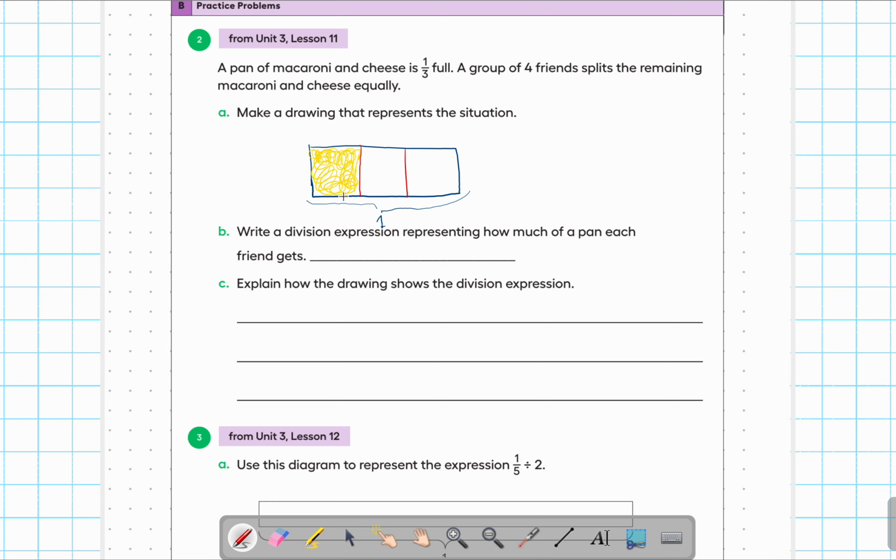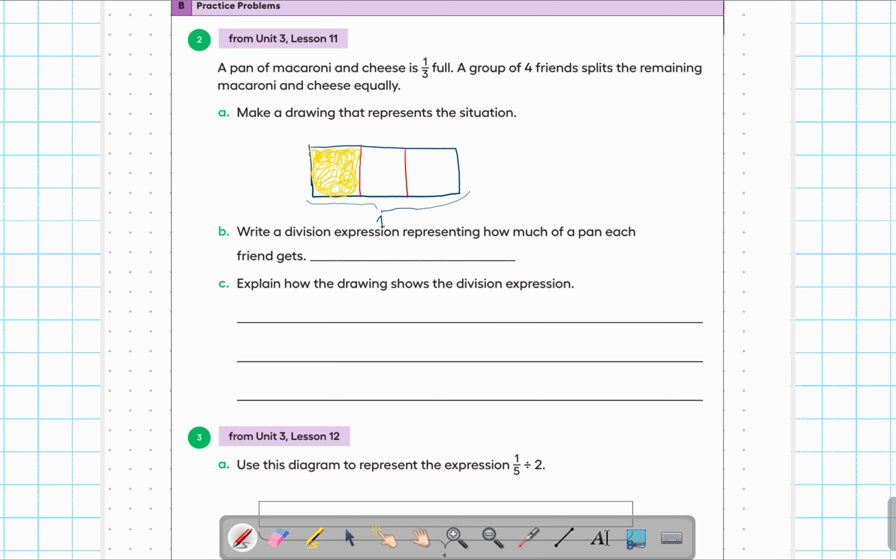Okay, so a group of 4 friends splits the remaining macaroni and cheese equally. So that means that this third of macaroni and cheese, we're gonna split it up into 4 parts for 4 friends. So let's go ahead and do that.